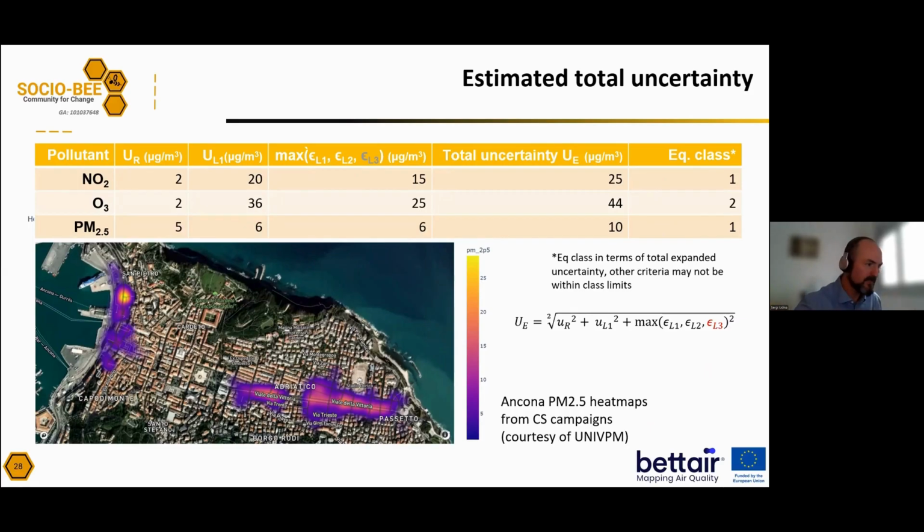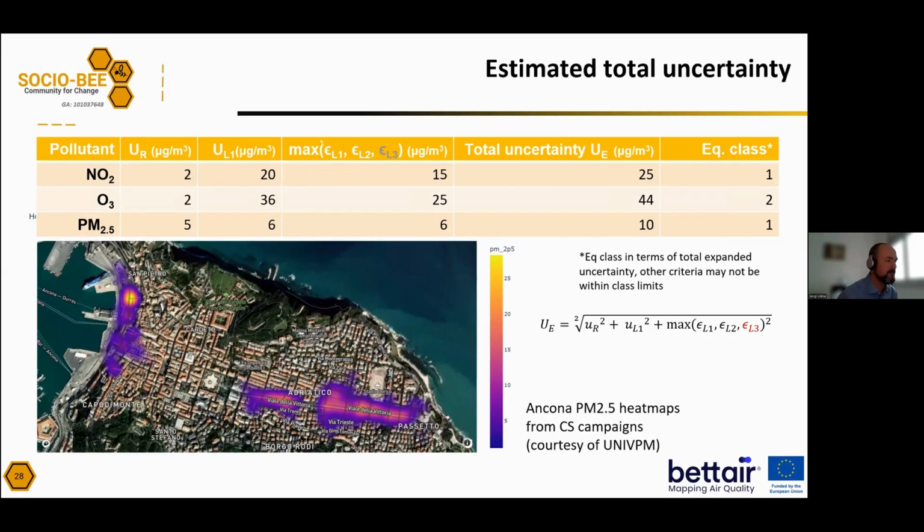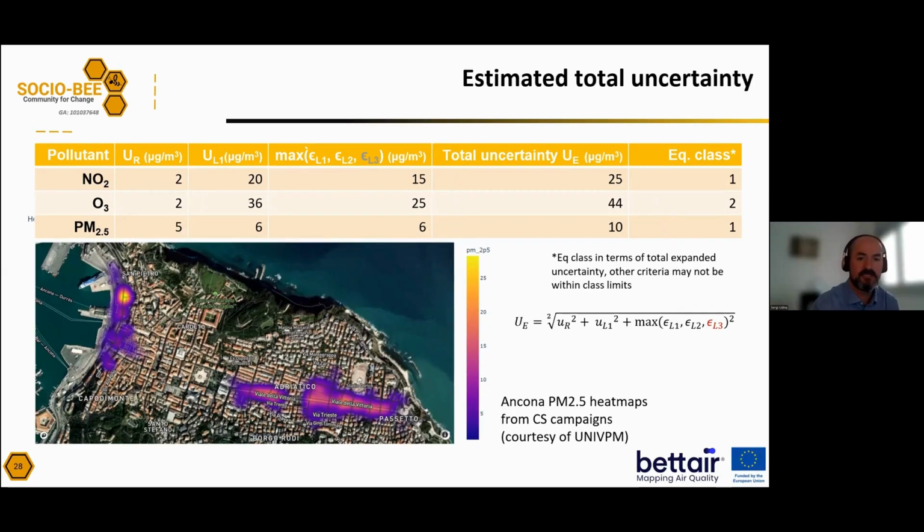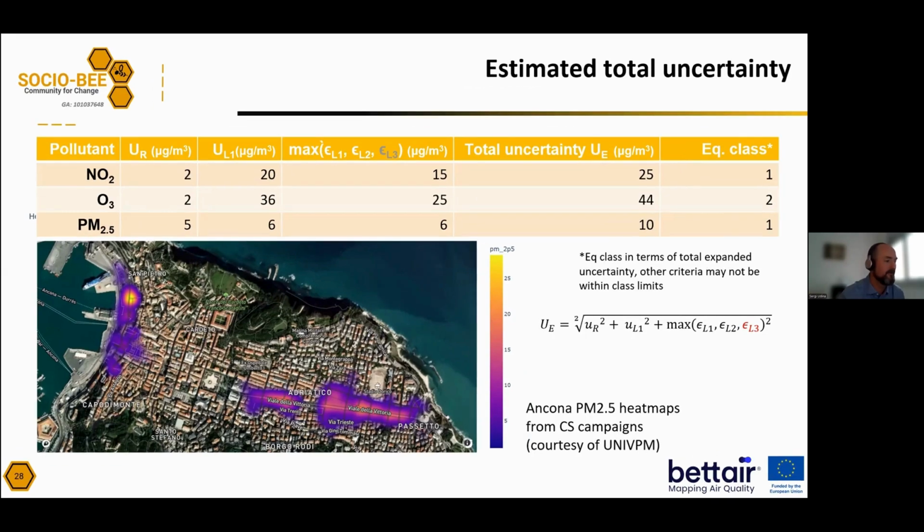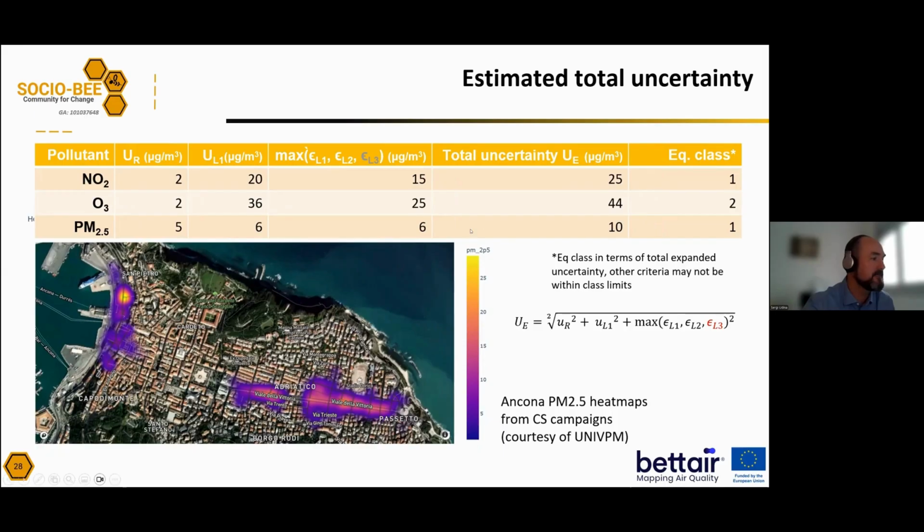Here I present a nice map provided by the Università Politecnica delle Marche by Nicole Moresi. Thank you very much. This is a map of PM2.5 done with the citizen science measurement campaigns in Ancona. Remember that this is mostly elderly people, and we see, similarly to what Bram presented, candidate sources here close to the port and in the main street of the city.